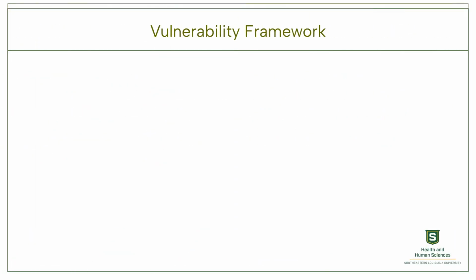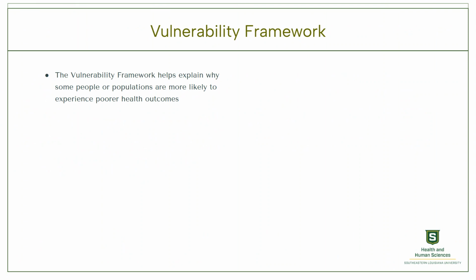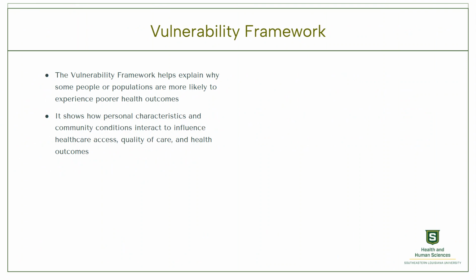So that said, let's really go into the vulnerability framework. What the vulnerability framework does is help explain why some people and some populations are more likely to experience poorer health outcomes. To do so, we look at a couple of elements.